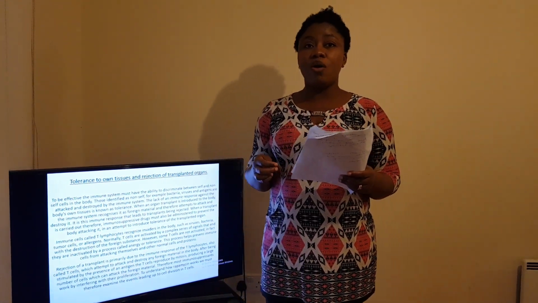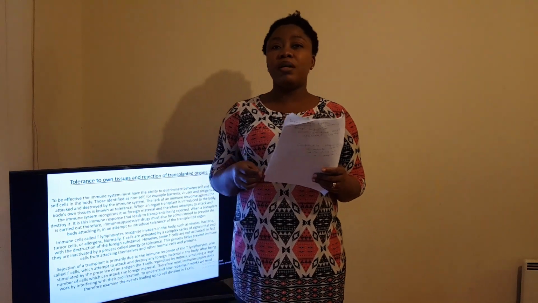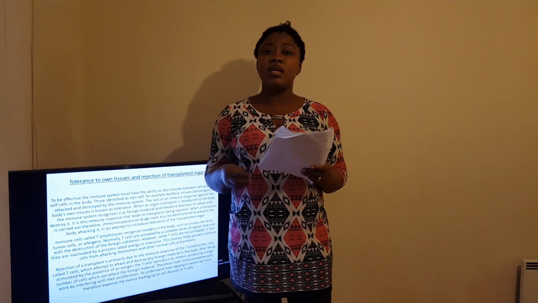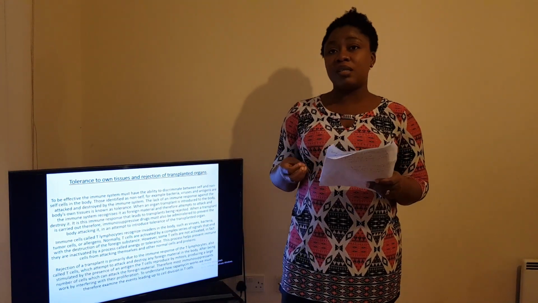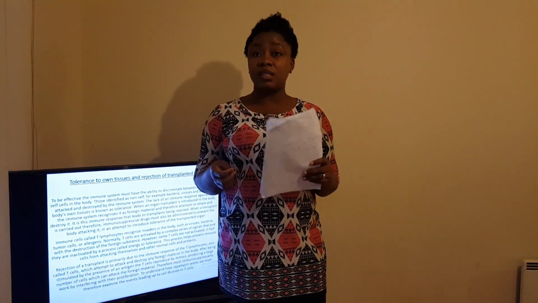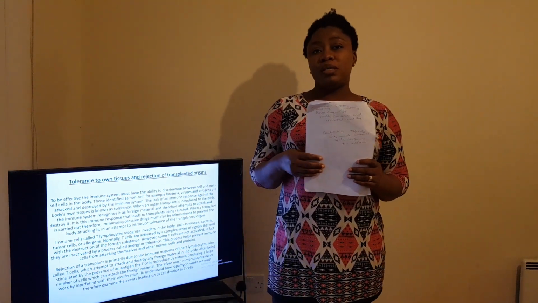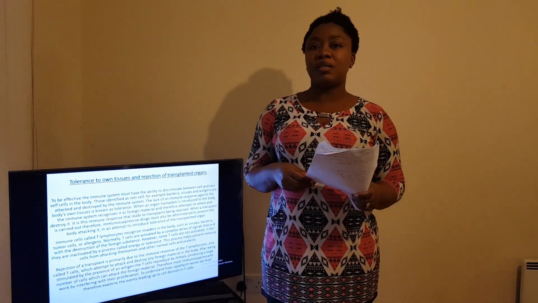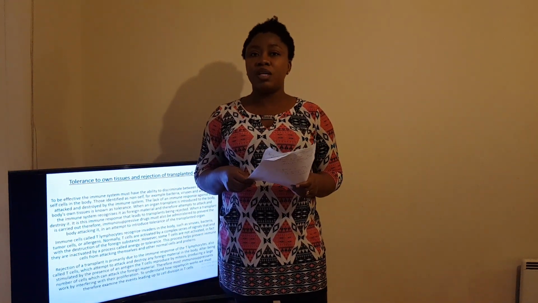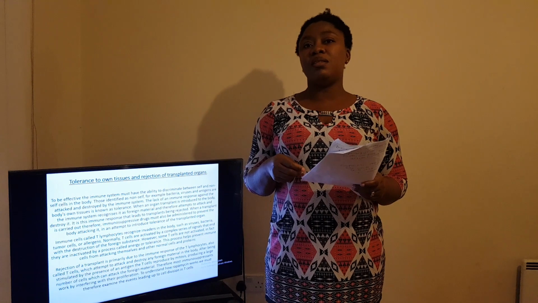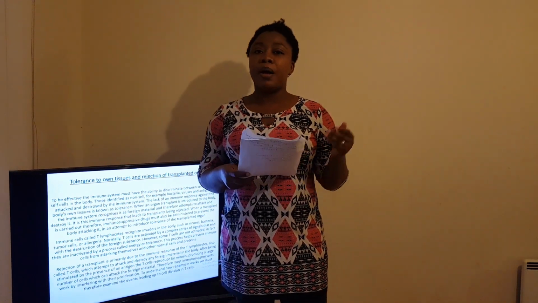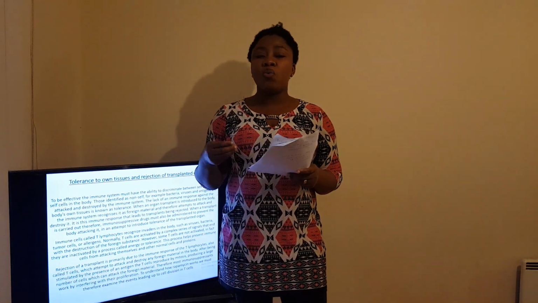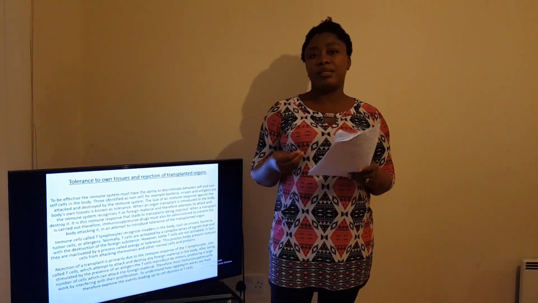And rejection of a transplant is primarily due to the immune response of the T lymphocytes, also called the T cells, which attempt to attack and destroy any foreign material in the body. After being stimulated by the presence of an antigen, the T cells reproduce by mitosis, producing a large number of cells which can attack the foreign material.